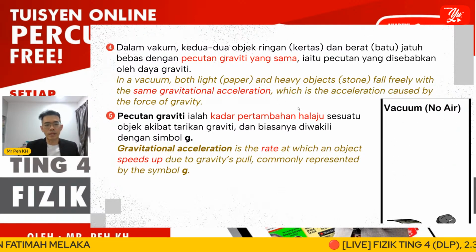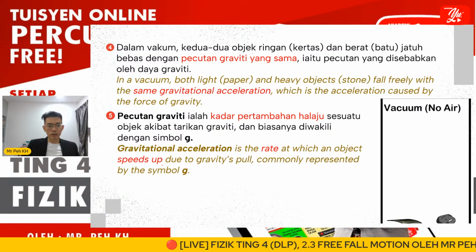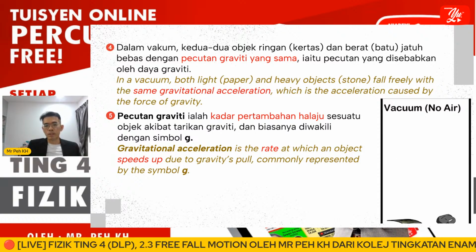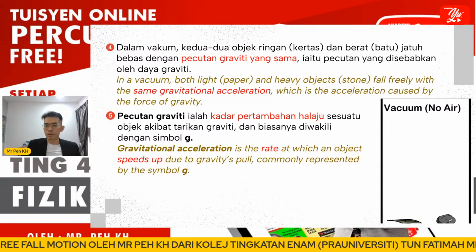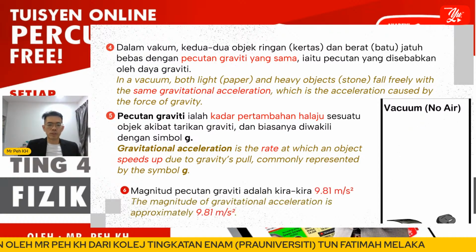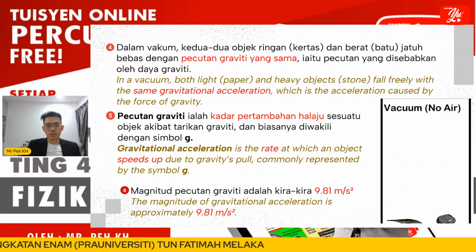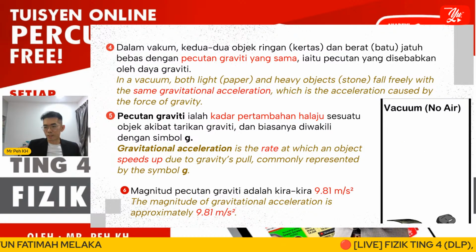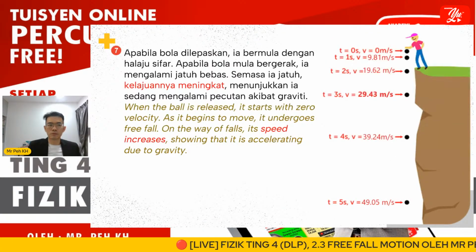Gravitational acceleration is the rate at which an object speeds up due to the gravity pull, commonly represented by the symbol small letter g. The magnitude of gravitational acceleration is approximately 9.81 meters per second squared.